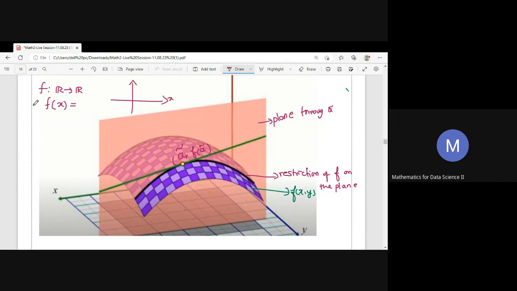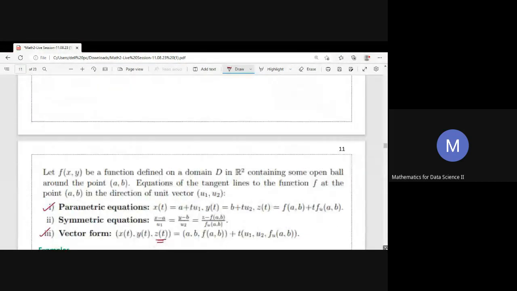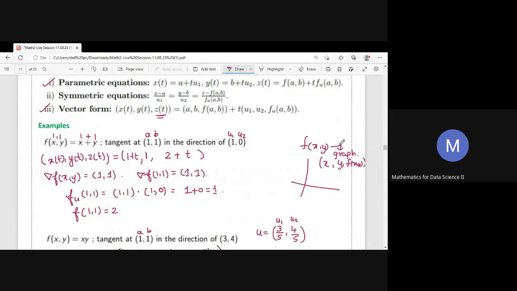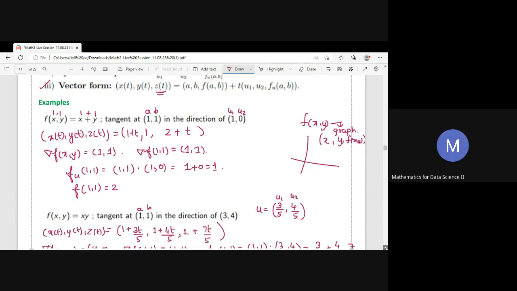Your y axis is actually your f of x, right? The same is going on here also. Your third coordinate is nothing but f of x comma y. So it's like a translation in the direction of the unit vector, like the tangent, yeah. Okay?